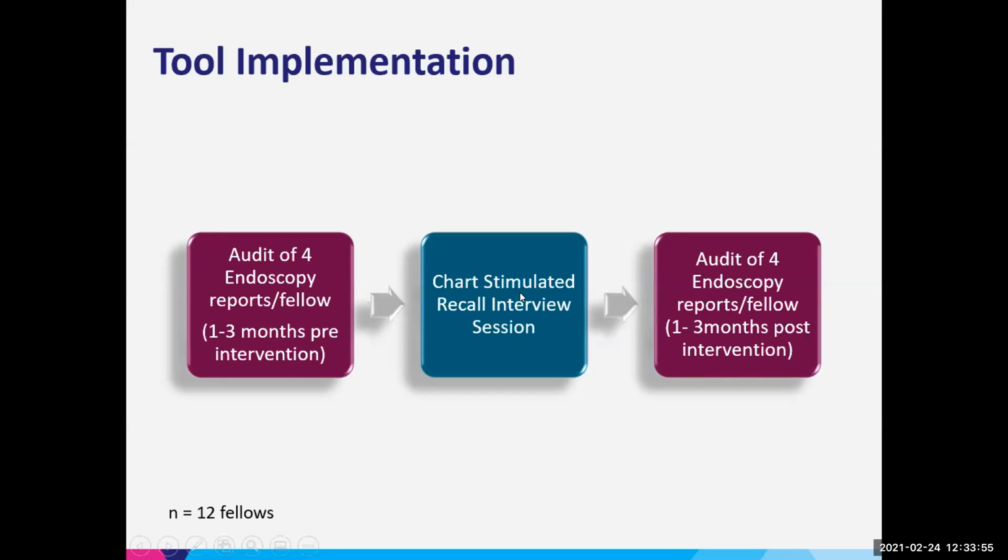We then conducted a chart-stimulated recall interview session with each fellow, and I'll go into detail about what that actual session entailed. After each fellow had done at least one of these interview sessions, we then repeated an audit of our endoscopy reports. We again selected 4 reports per fellow, and we did this in the 1 to 3 month period following implementation of the intervention.